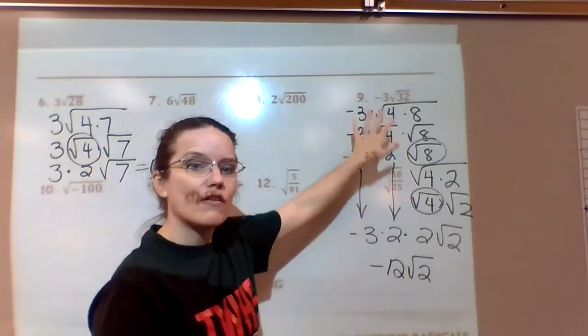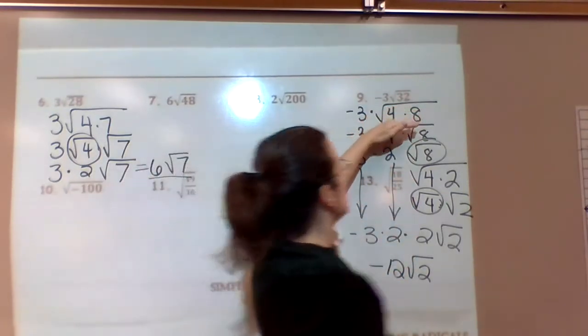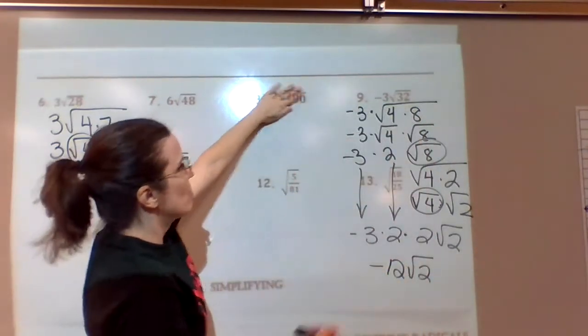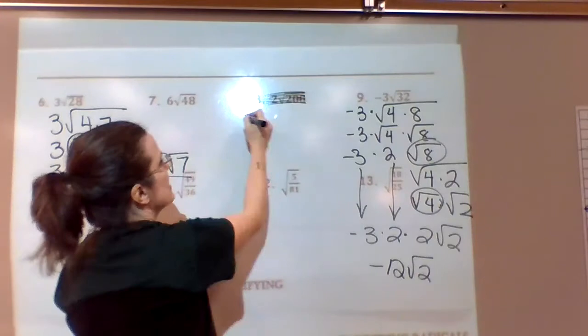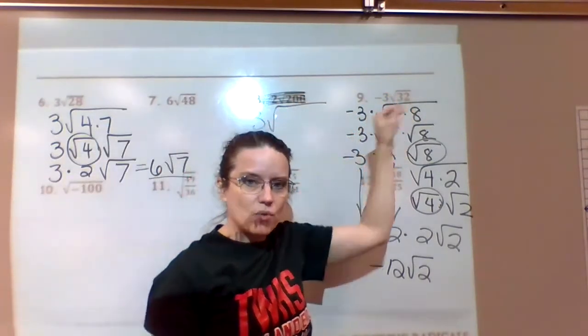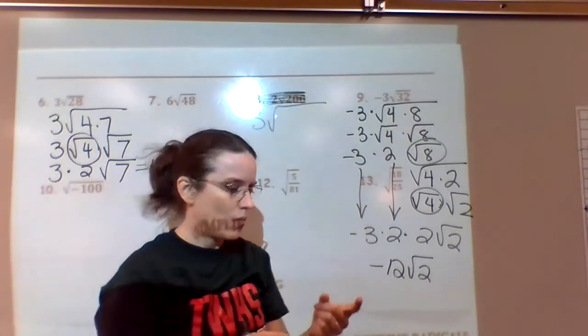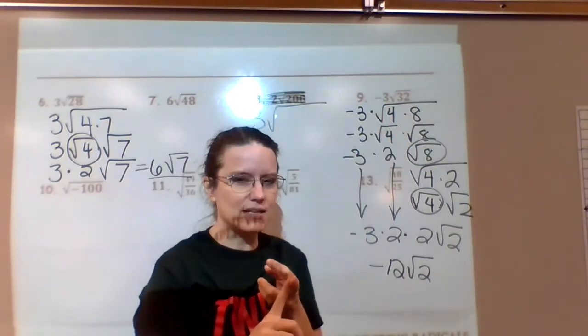If you want to avoid this, back at the beginning, I'm going to come over to this space, but I'm not going to focus on this problem. I could have taken this and realized, is there a bigger perfect square that goes into 32? Well, I knew that 4 did. And then you think, okay, does 9 go in?